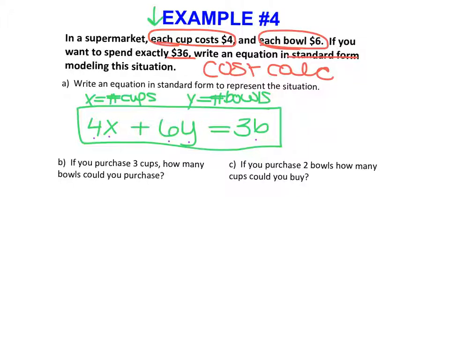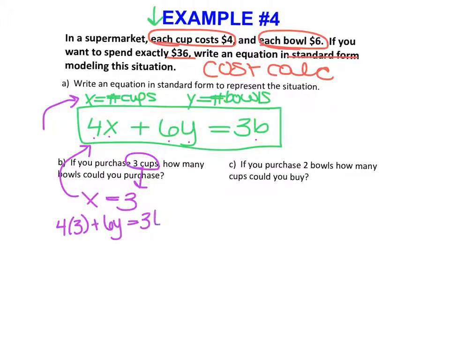Now, down here it says if you purchase 3 cups, and remember from my notes, x is my number of cups. So what this is saying is that x is equal to 3. We want to know how many bowls we could potentially purchase. So we go to our equation and we substitute 3 in for x. So we have 4 times 3 plus 6y is equal to 36.